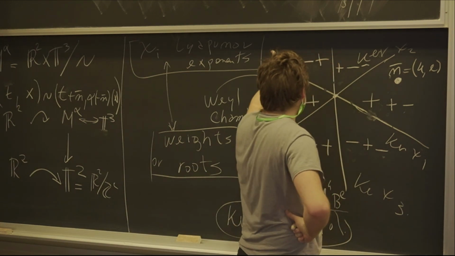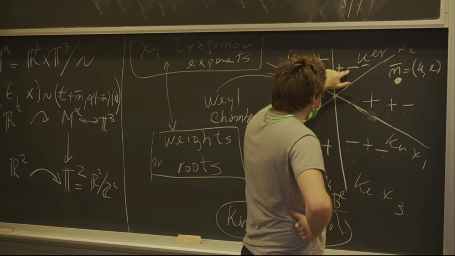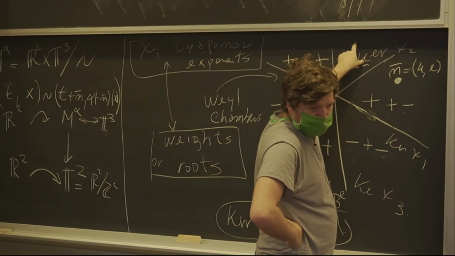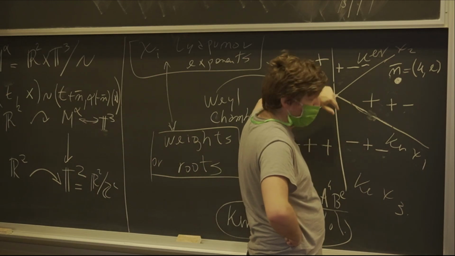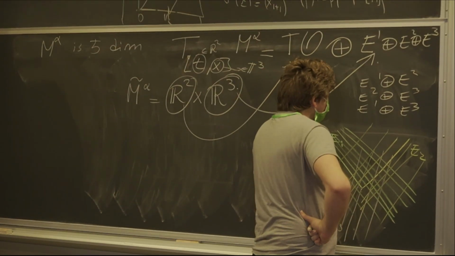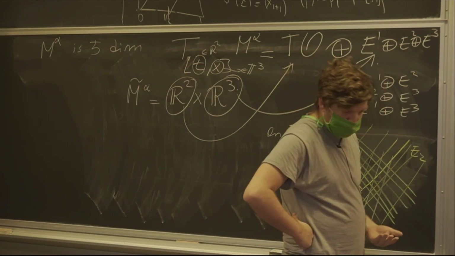And next, A2 plus A3 is the stable foliation for these guys, as well as the unstable for these guys, and so on. So all this info is important and useful.